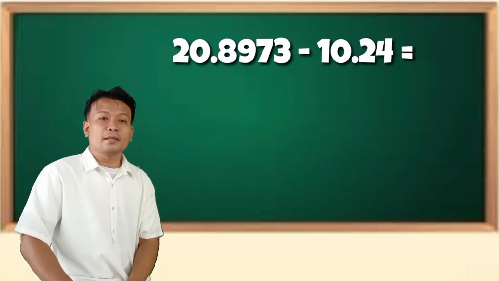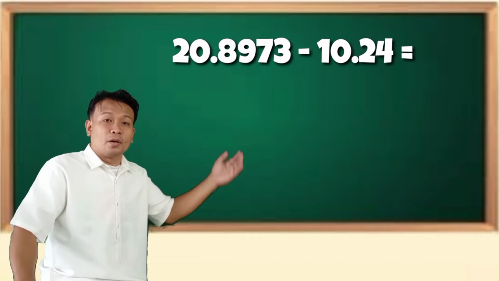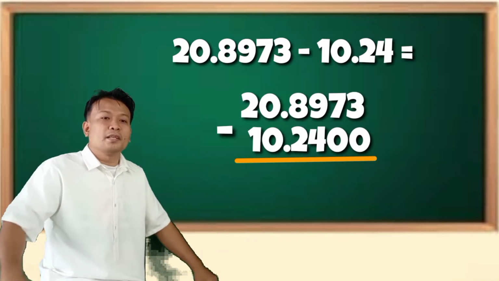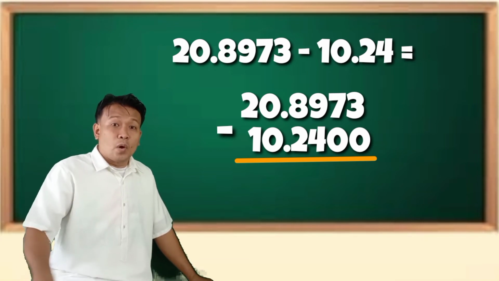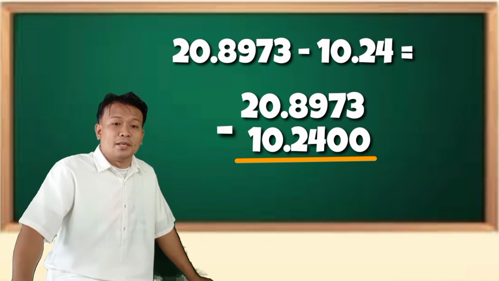Another example. 20 and 8,973 ten thousandths minus 10 and 24 hundredths. Arrange the given example in column. Make sure to align properly the place values and the decimal points. Write zeros in empty decimal place values so that the numbers have the same length or decimal places.